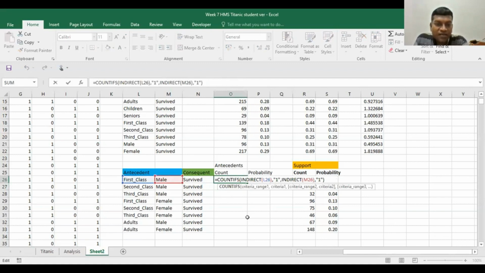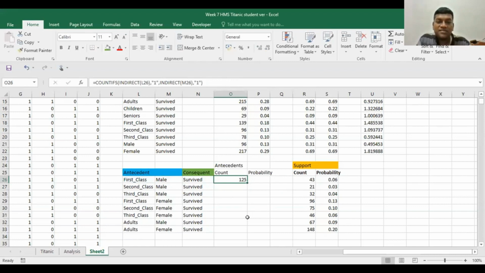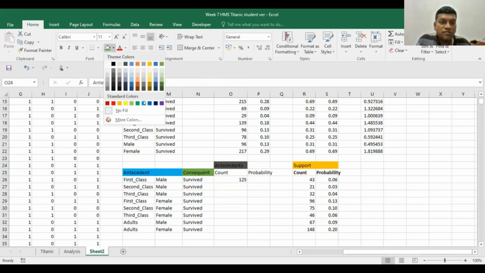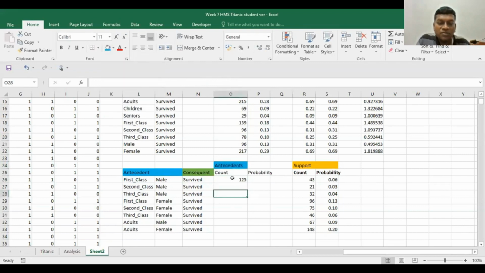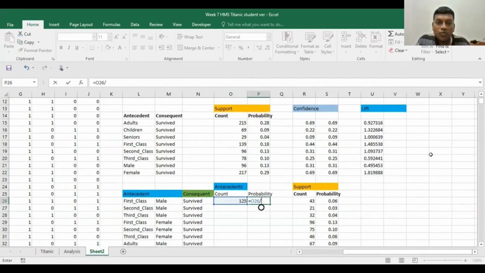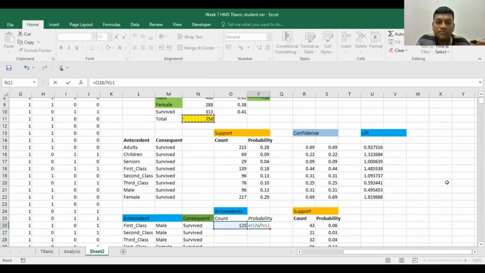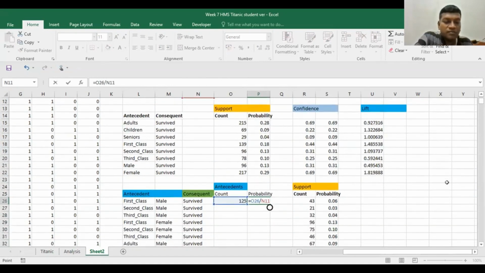So INDIRECT L26, INDIRECT M26. It's only counting first class and male. So this is the count of the antecedent. We are looking only at the antecedent here. The probability would be the number of times they occur divided by the number of passengers, which is 756. And I'll lock the cell.